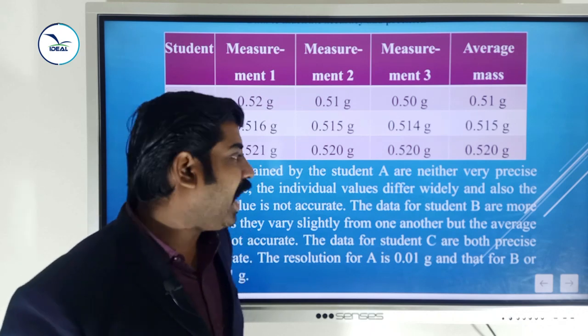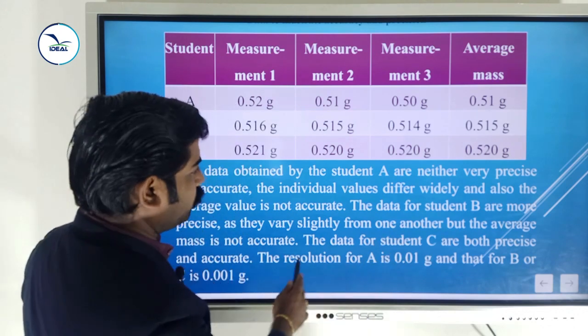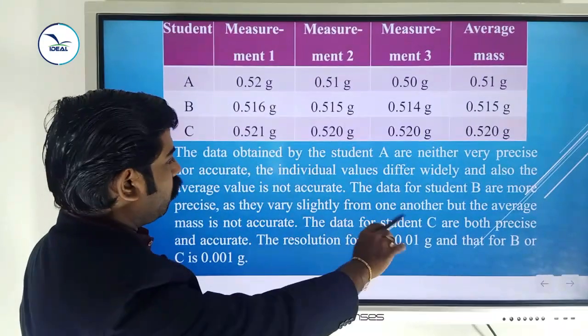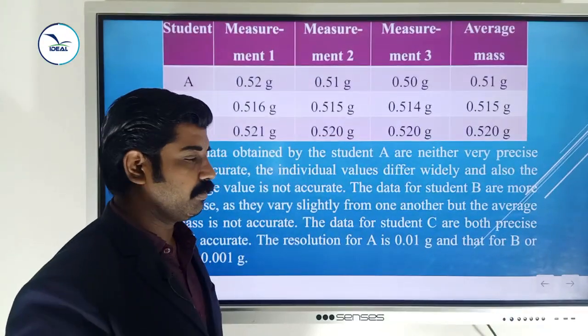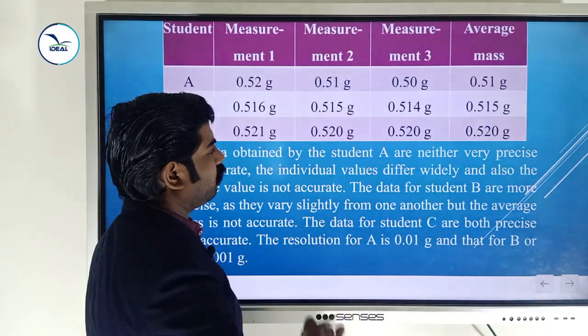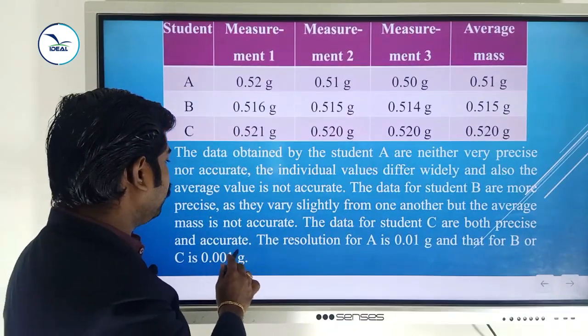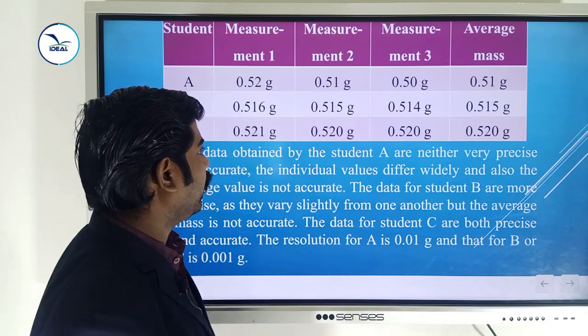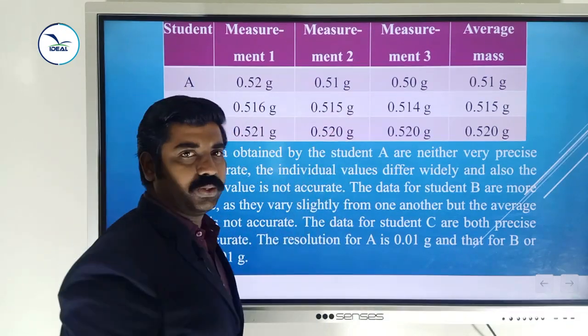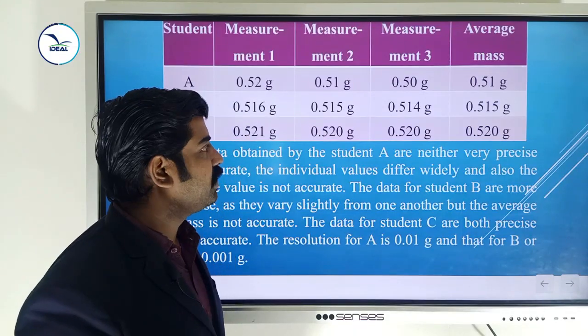there is no accuracy. The data for student B is precise as they vary slightly from one another, because the variation is only small, but the average mass is not accurate. It varies slightly, so we can consider that it is precise.